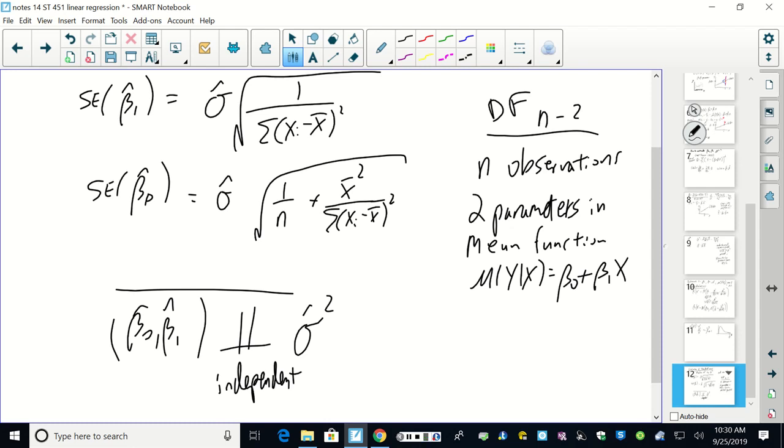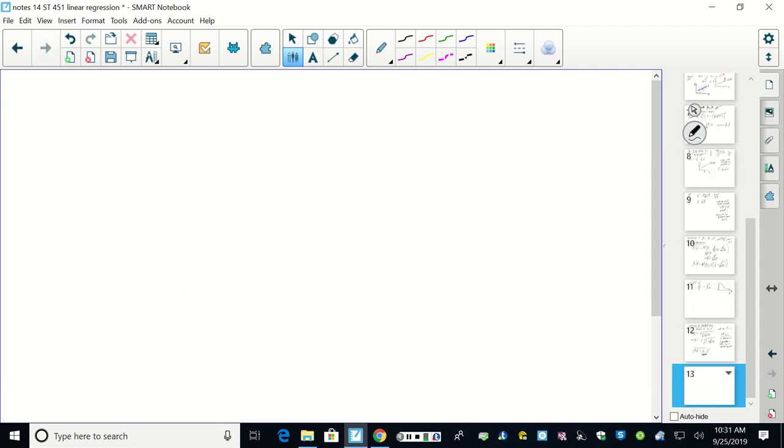It's kind of interesting that it works out. Normality, lack of correlation ends up being independence. So there's some special structure there in the model. And when you divide a normal by a square root of a chi-square, you get a t. So there's some distribution theory.